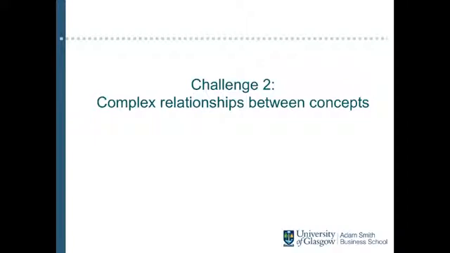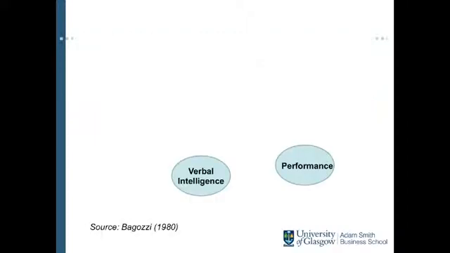Let me show you an example of such theory. Bagozzi's study of salesperson performance, published in Journal of Marketing in 1980. Bagozzi argued that salesperson performance depends on their verbal intelligence, i.e., how well they can put forth an argument, and self-esteem, that is, how confident they feel about their ability to carry out the job.